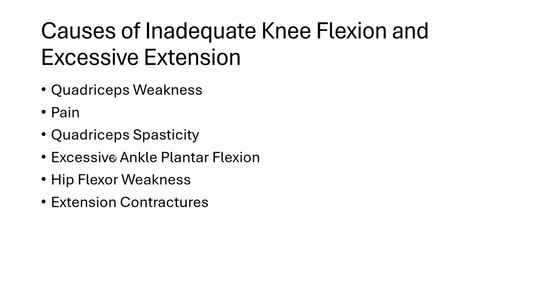So now coming to the causes of inadequate knee flexion and excessive extension. Mainly they are quadriceps weakness, pain, quadriceps spasticity, excessive ankle plantar flexion, hip flexor weakness, or extension contractures. We'll be discussing these one by one.